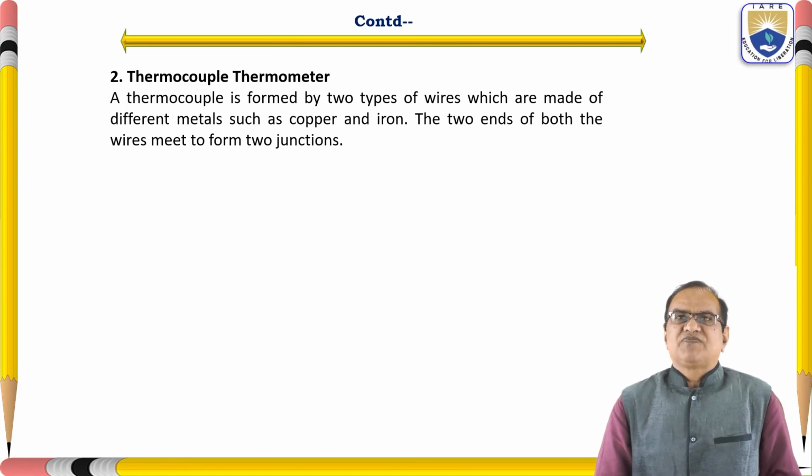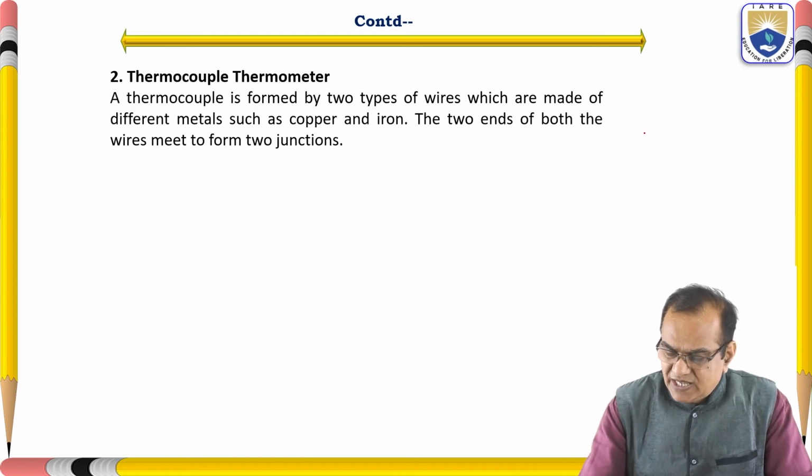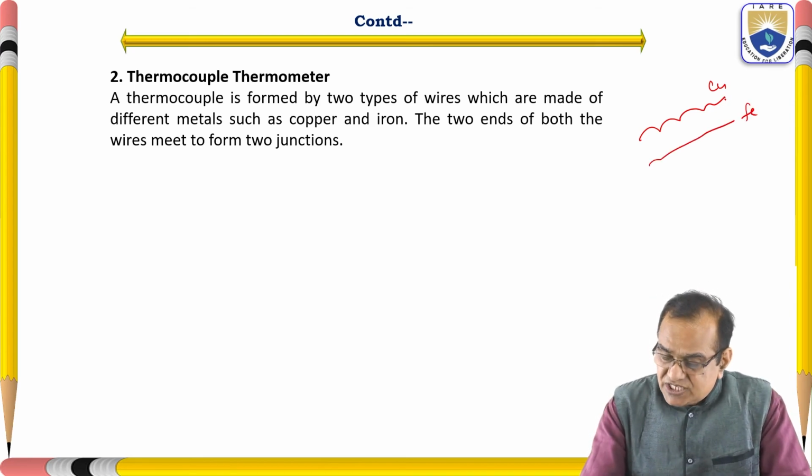A thermocouple is formed by two wires made of different metals such as copper and iron. The two ends of both wires meet to form two junctions. Here you can see this is the Cu wire and this is the Fe wire, copper and iron, and these two wires are joined together at both ends.